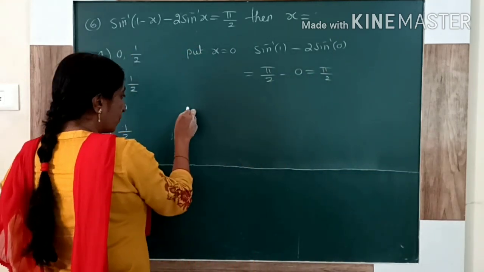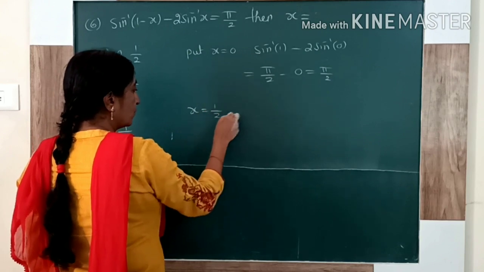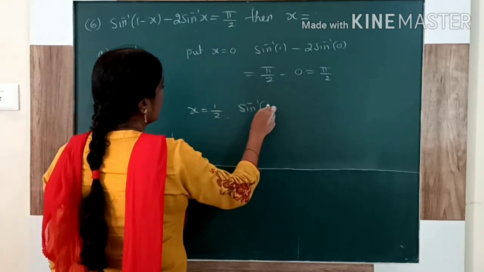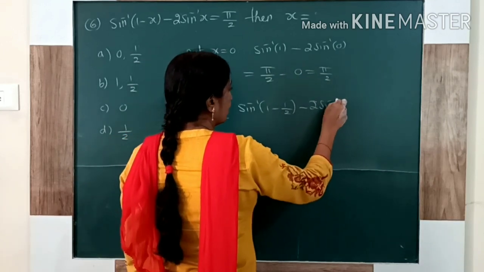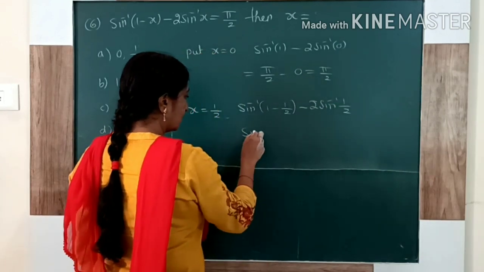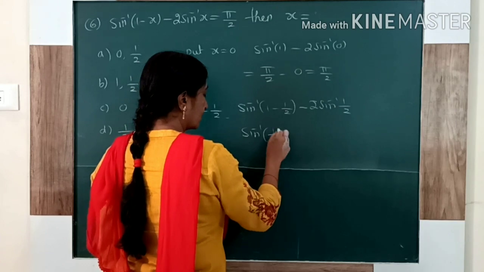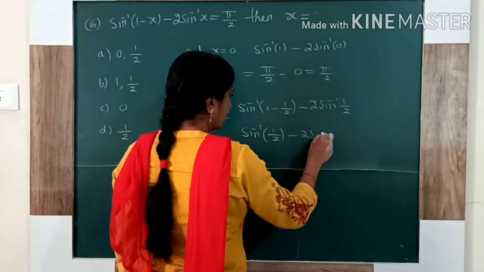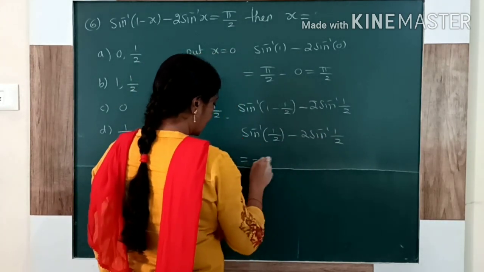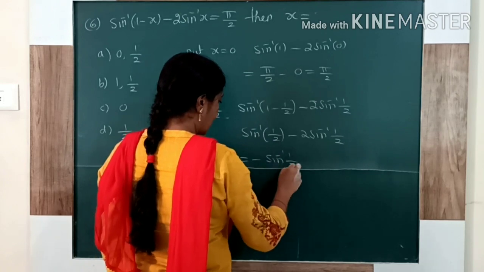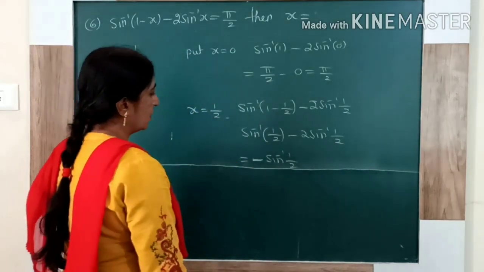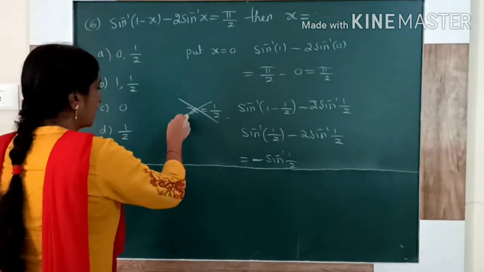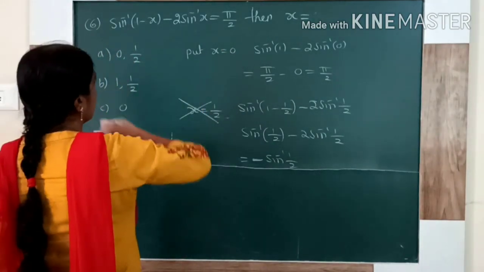But what about x is equal to 1 by 2? First of all, no need to write the value because we got a negative answer. So this is not matching anyway. That means only 0 is satisfied.